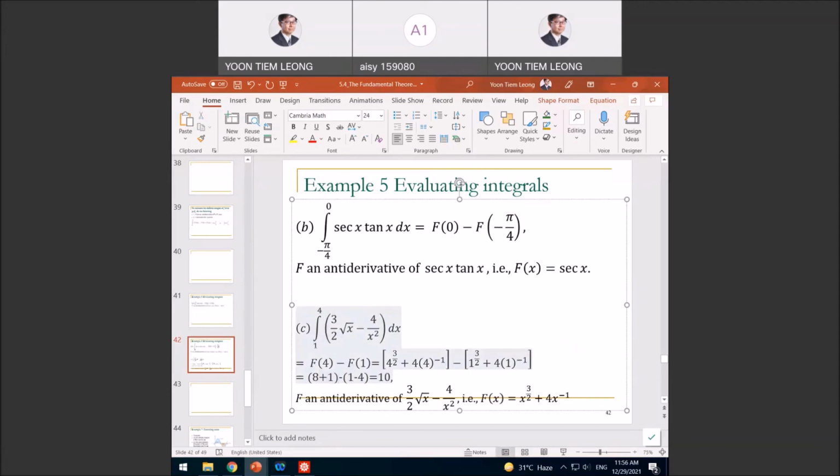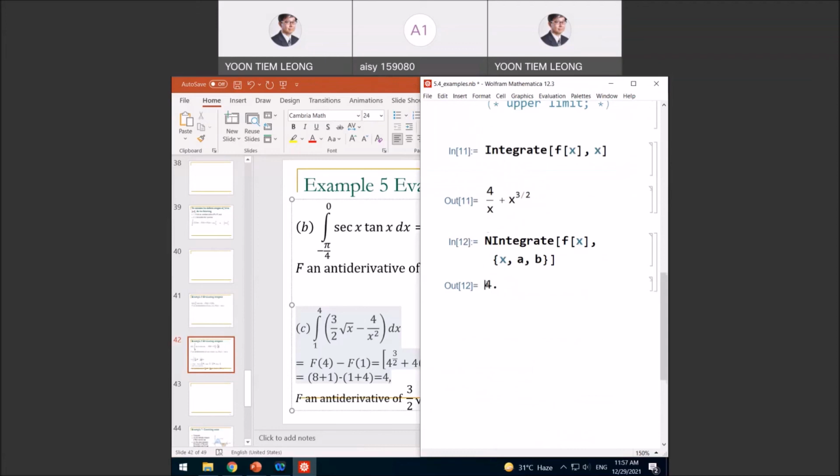Then 9 minus 1 plus 4. This should be plus 4, so it will be 5. So it will be 9 minus 5, and 9 minus 5 is 4. Am I correct? Yeah, 9 minus 5 is 4. So I got my answer to agree with what was given by Mathematica, which is 4.